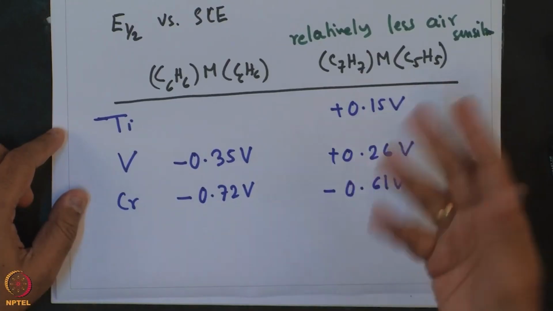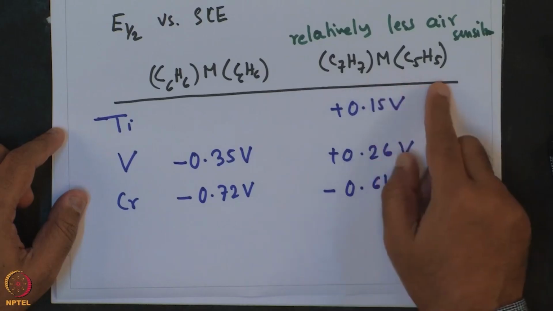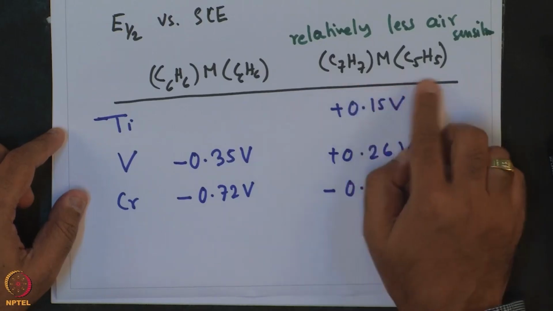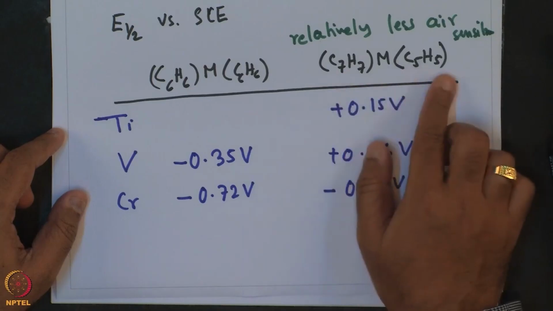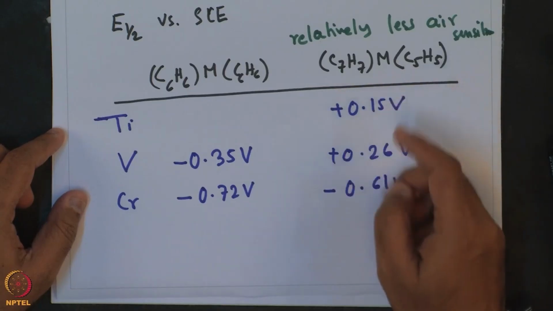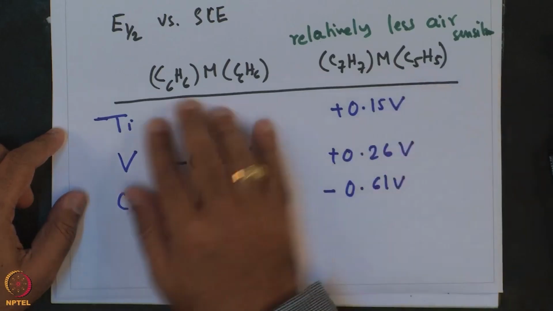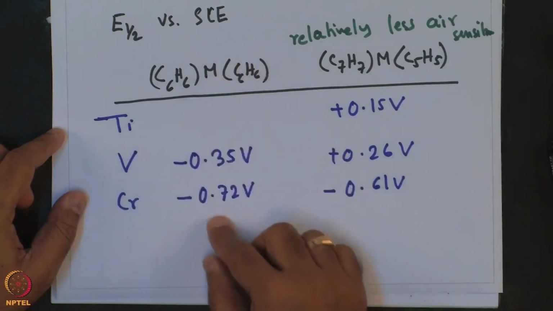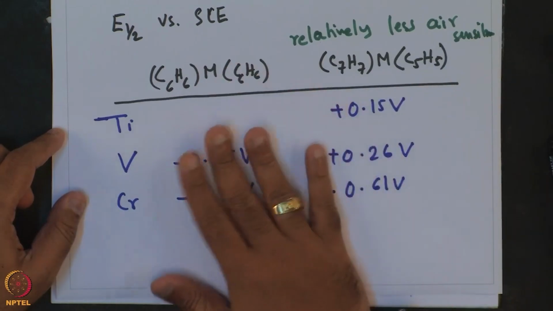The formation of these neutral complexes from the cationic state is favored for the C7H7 M C5H5 combination, because these E values are mainly positive with respect to the C6H6 metal complexes, where formation of the neutral complexes from the cationic state is less favored, because they have very high negative E values.